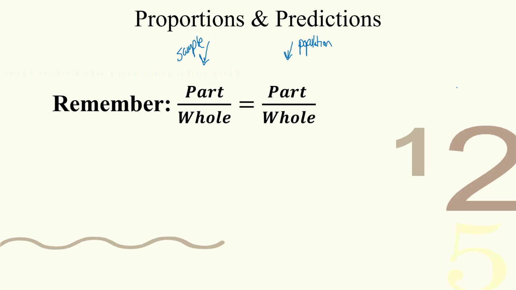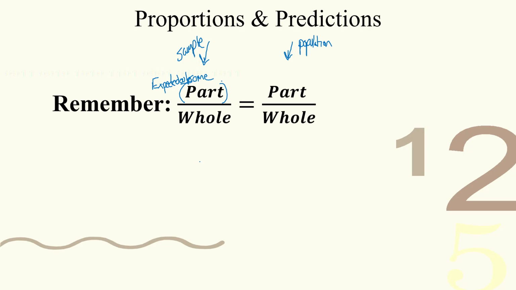Now, let's talk about what our parts and our wholes are. Our part, that's the expected outcome that we're looking for. And this is a good time for us to get used to the language. We will talk about expected outcome again and probability, and you'll see a lot of overlap with what we're talking about here with predictions when we get to probability.